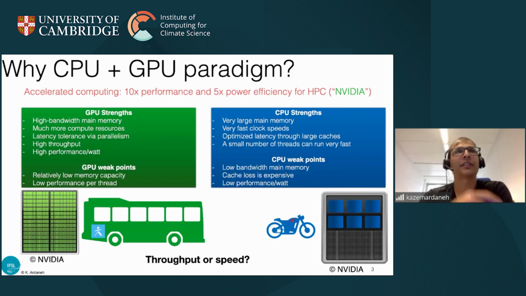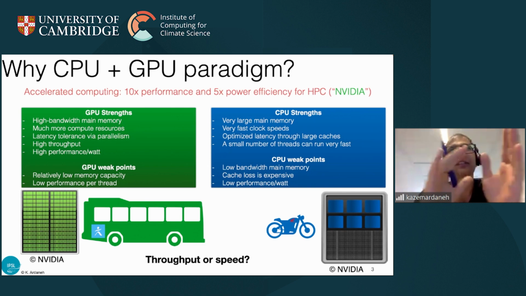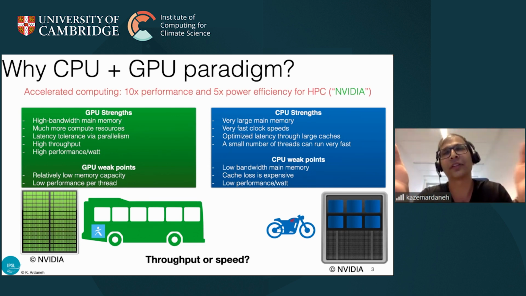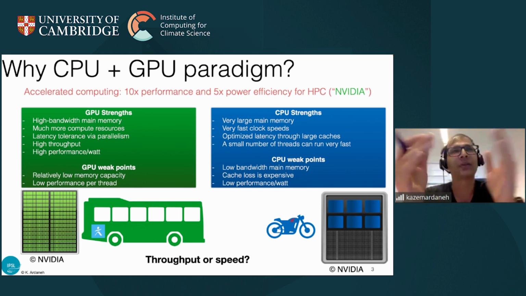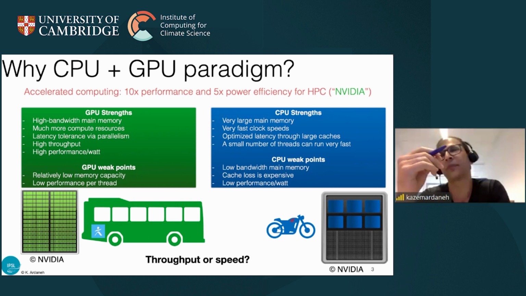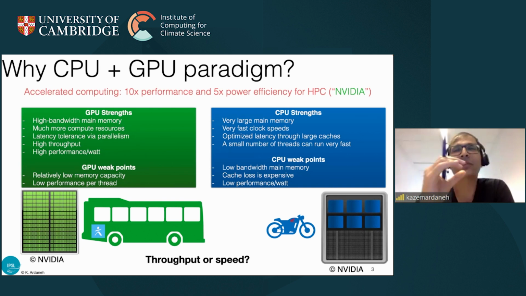If I give you a very brief difference between the CPU and GPU, there was a very good talk yesterday about this. In principle, the CPU is faster when we do the job serially, and the GPU is good for parallelism when we have lots of work to do at the same time. So in fact, it is the difference between throughput and speed.